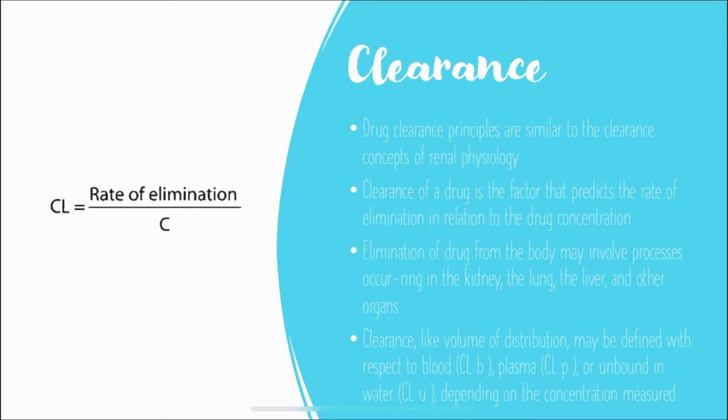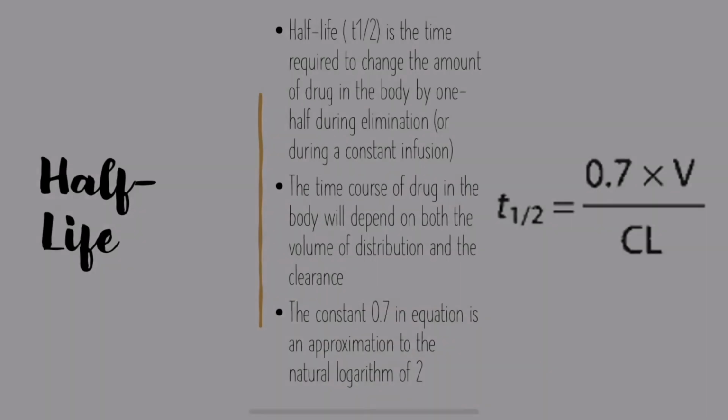Elimination of drug from the body may involve processes occurring in the kidney, the lung, the liver, and other organs. Clearance, like volume of distribution, may be defined with respect to blood, plasma, or unbound water, depending on the concentration.